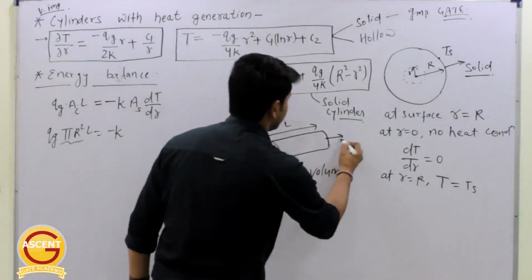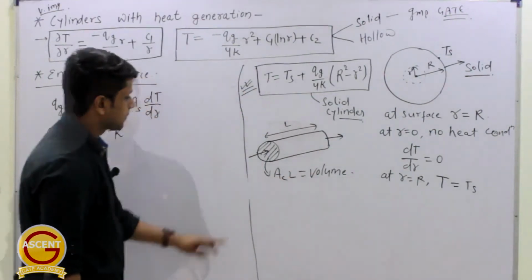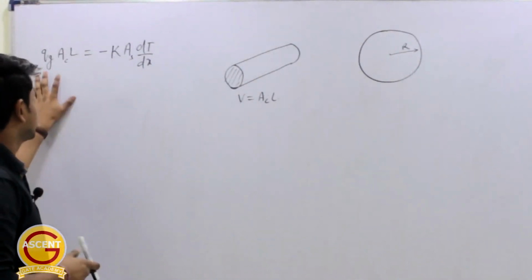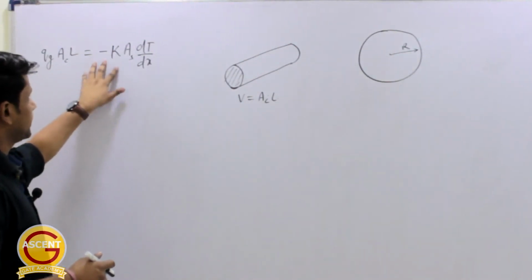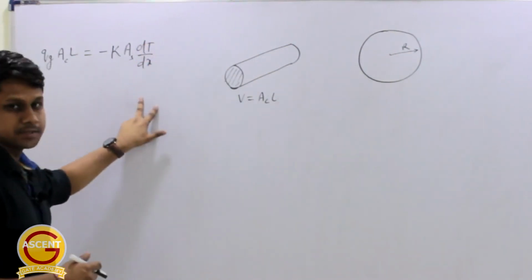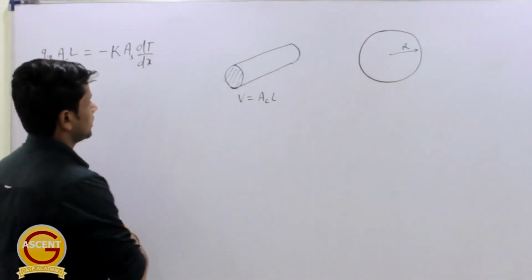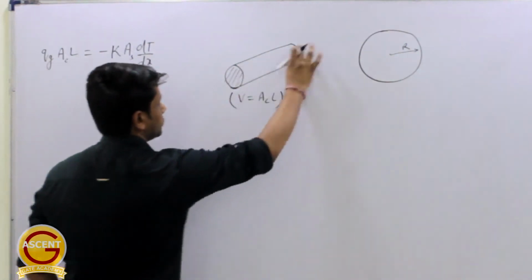A plane slab whose cross sectional area is equal to pi r square. Okay, so we are discussing this area. So this is our heat balance equation, Qg into Ac into L equal to minus K into As into dT by dx, where this Ac will be the cross sectional area that we have discussed. To calculate this volume, you have to take the cross sectional area into length.